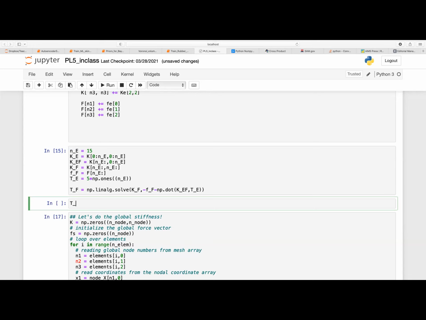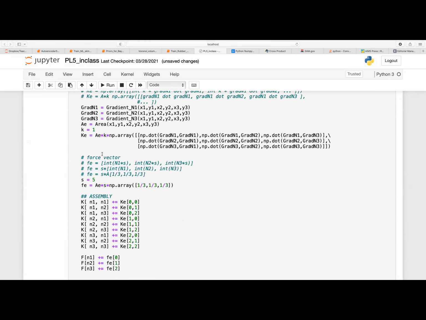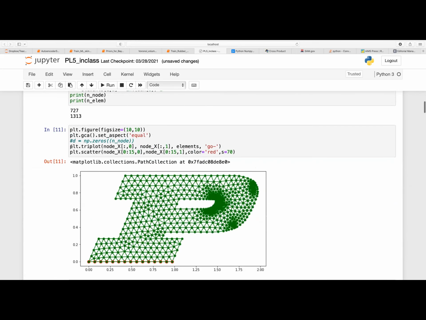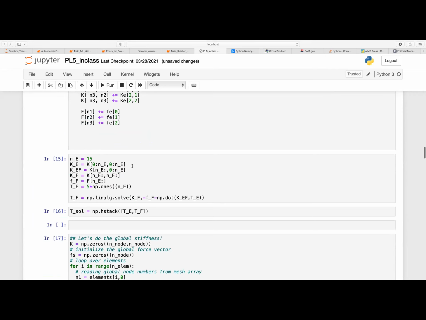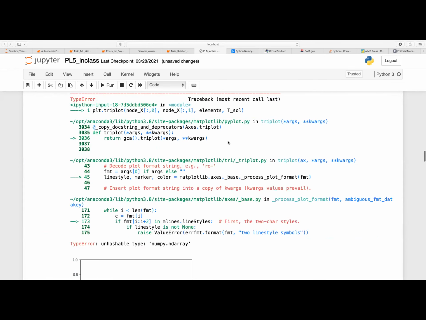I just want to plot it. Just want to stack it, and then I don't have plots here, but I think I don't know if this will work, but let's see. It's not color. Does it work with TSO?